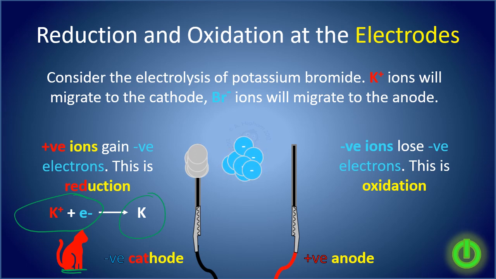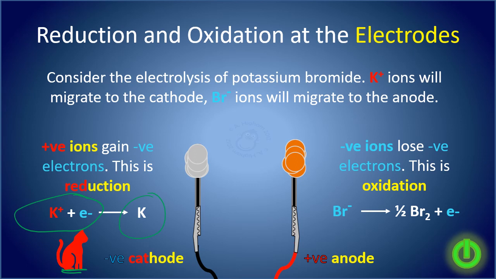Oxidation is loss of electrons. What we're going to form here is bromine liquid. So the bromide ions will form bromine atoms, and bromine is an orangey brown color. There's another equation, and we can see the ions moving across and turning into elemental bromine.